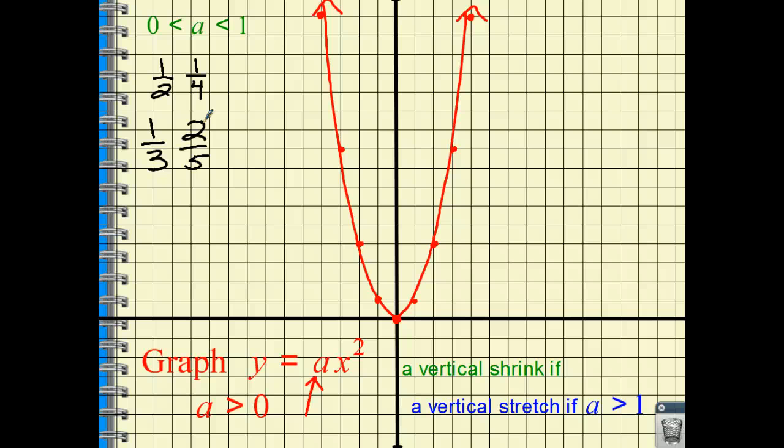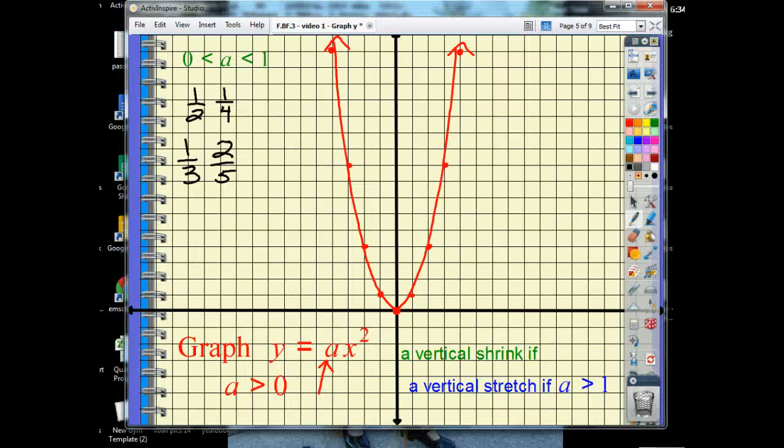The look of the shrink, if you're taking your eye on this red parent parabola and shrinking it, you're actually bending it down towards the original x-axis. So it is shrinking back to its 0. All right, so let's see if I could draw a green line in there.